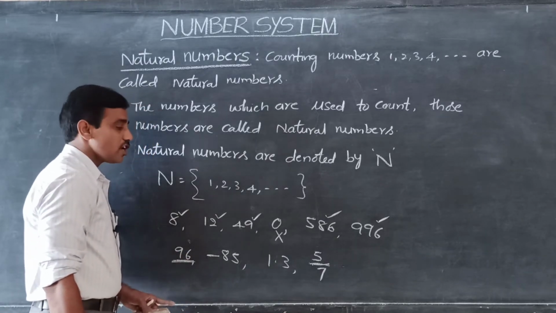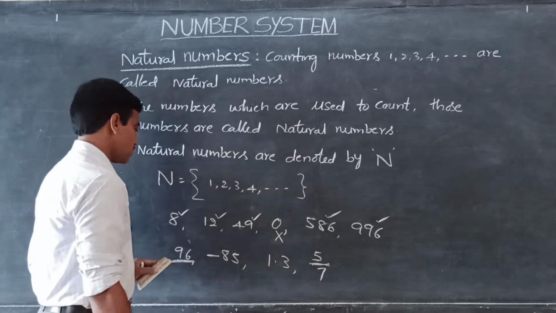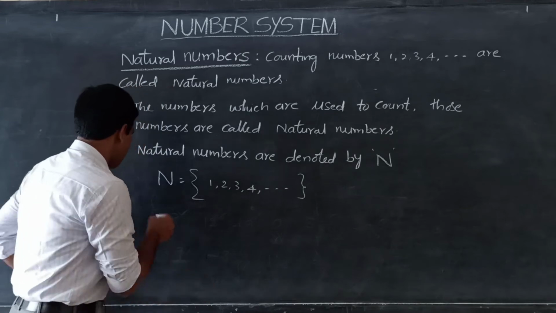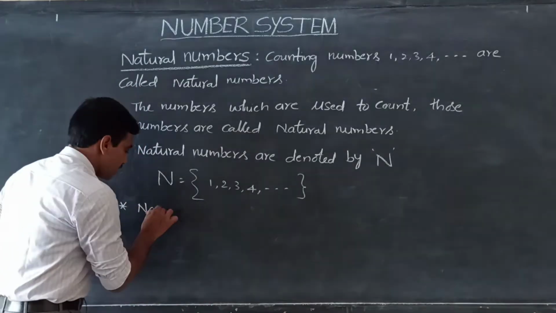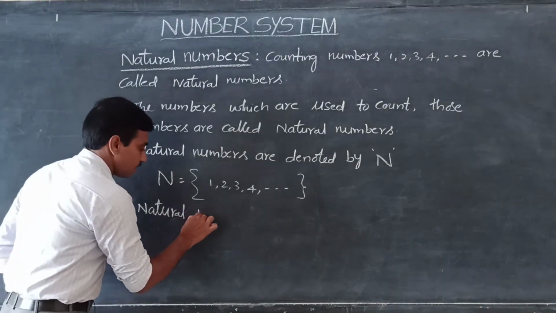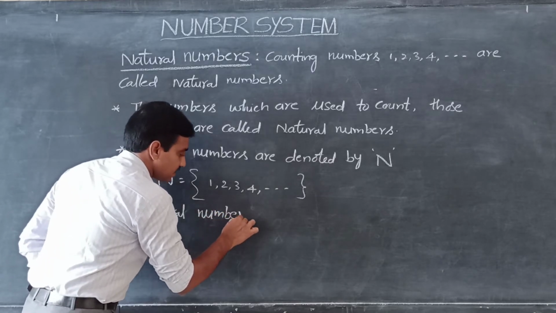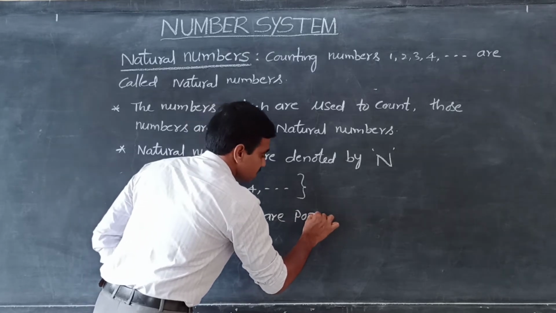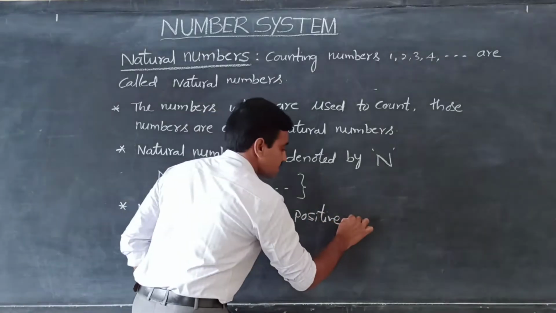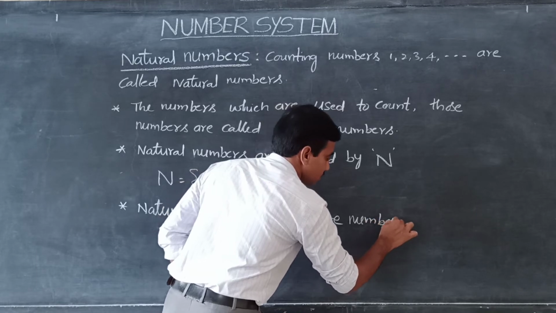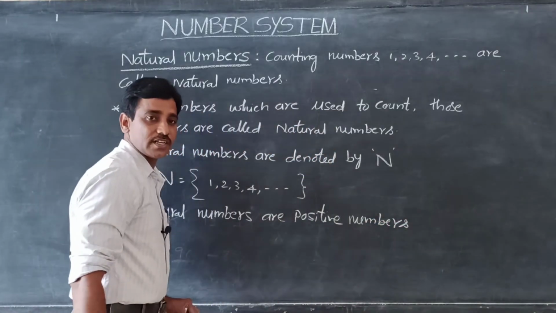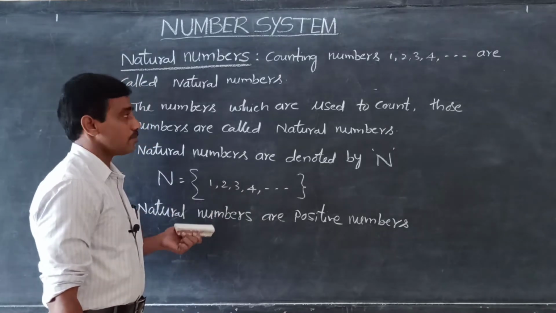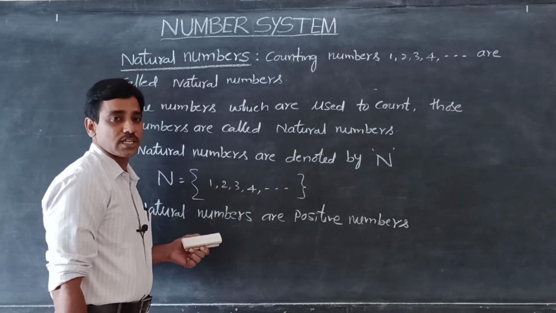So we conclude that natural numbers are positive numbers. Right? So we have some important points in natural numbers. Now I will explain those points.